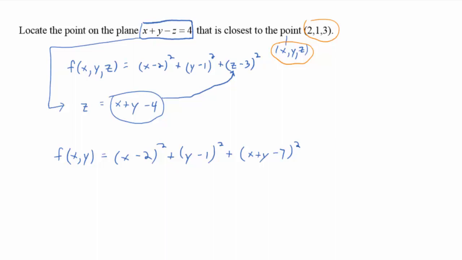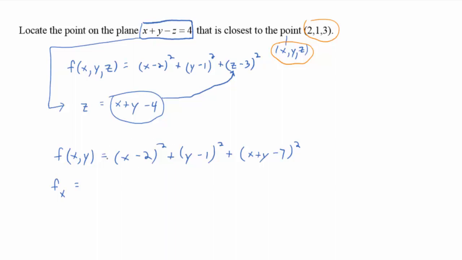Well, what would you do next? I suppose we've already done the first step. Take the partials, yeah. So what's f sub x, the derivative of f with respect to x? Some people want to multiply this out. Don't do that.